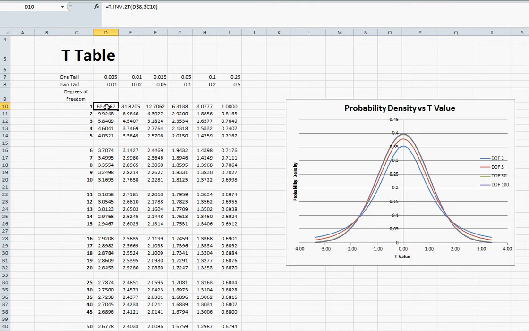So the function you want is t.inv, and then I'm using .2t for two-tail, and then referencing the two-tail. So here, the probability I'm referencing is 0.01, so this is the two-tail probability, and degree of freedom is going down this column.